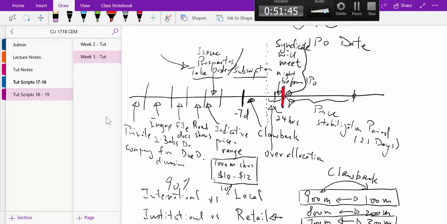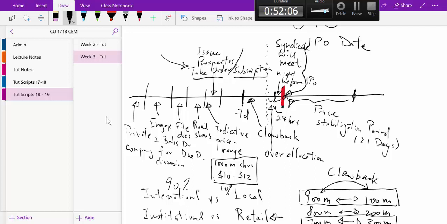Now, during this period, one of two things can happen. The iBank may actually buy back some shares from the market.